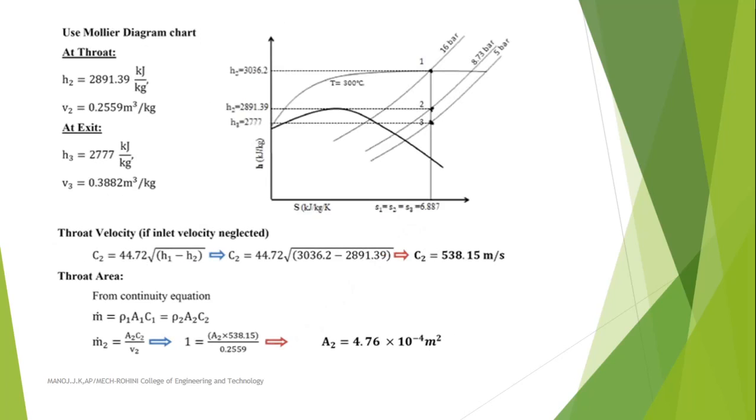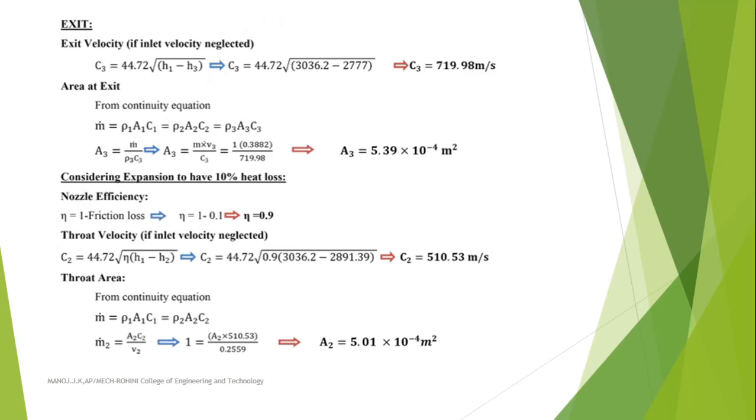In the previous step, I found the C2 value is 538.15. Look at the difference, nearly 28 meter per second has reduced. That means the friction directly affects the velocity of the nozzle. This is a very good proof.